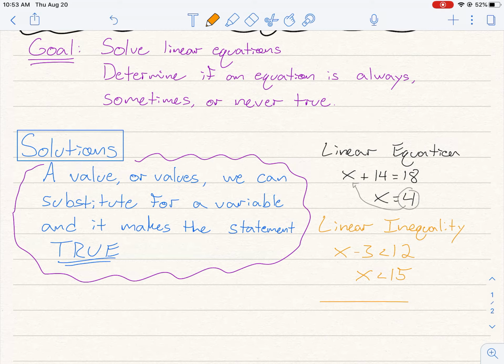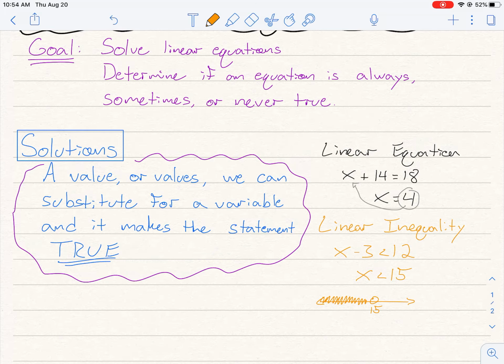And if I were to shade this on a number line here, 15 being over here, and x is anything less than it, there's actually infinitely many solutions for this, because it could be any number that's less than 15. It could go all the way to negative infinity. It doesn't really matter as long as it fits what our solution is. So you could have one solution, or you could have infinitely many solutions.